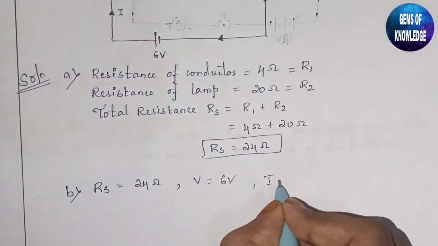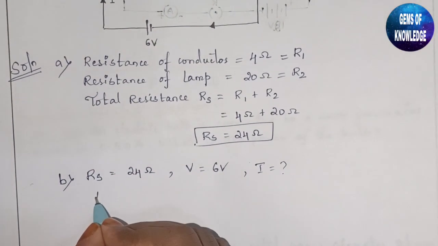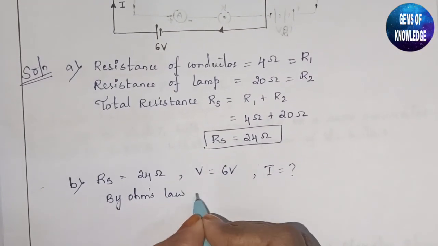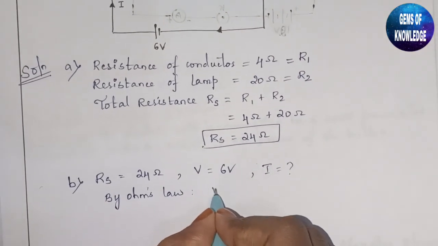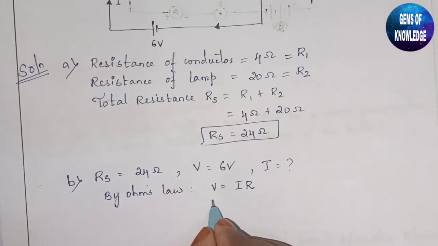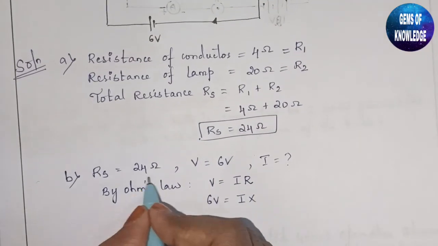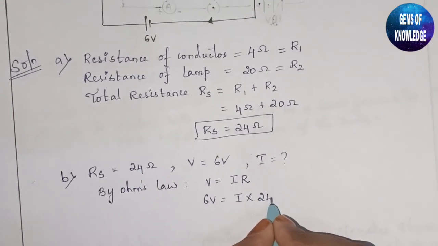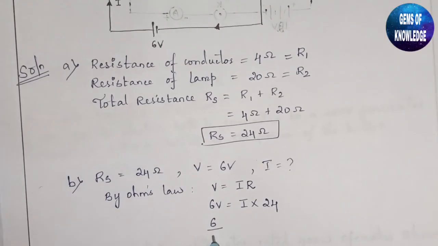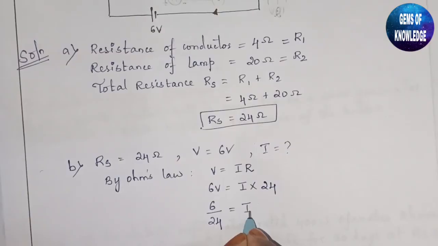What we need to find out is I. According to Ohm's law, V is equal to IR. So V is 6 volts, I we don't know, into R, the combined value, which is 24. Now bring this to this side, it will become 6 divided by 24 is equal to I.